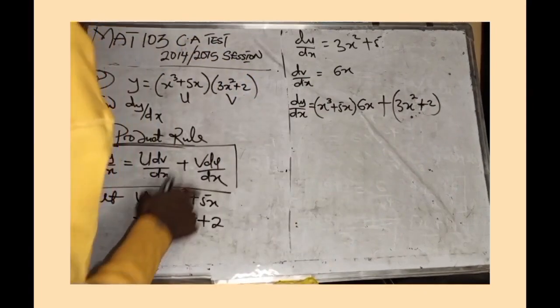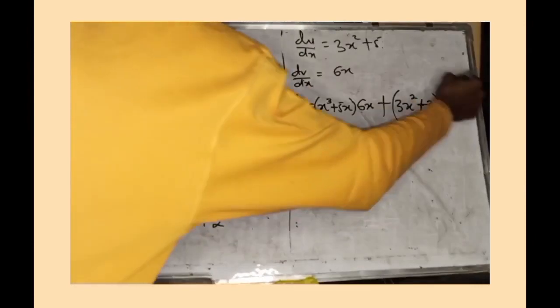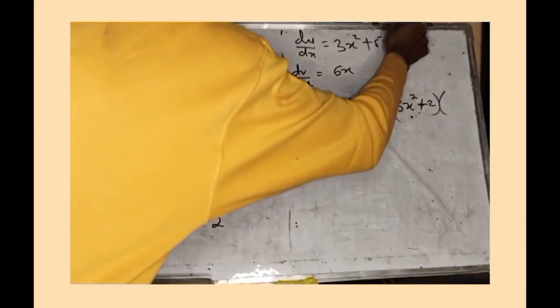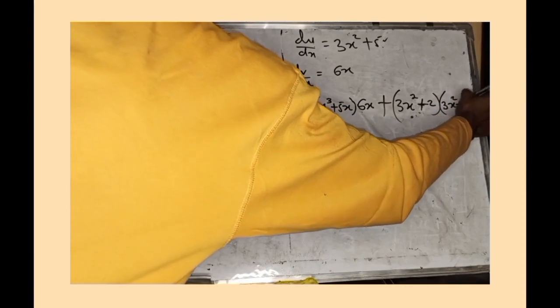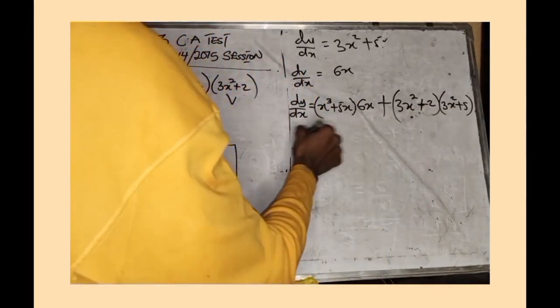Then my du/dx now is this, which is 3x squared plus 5. Now let's do the simple mathematics.